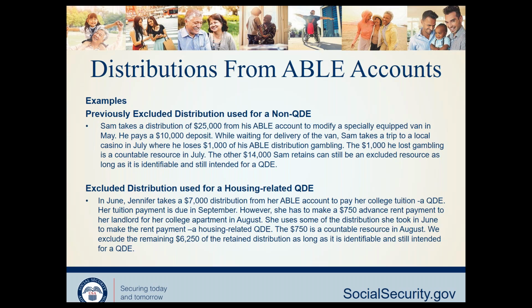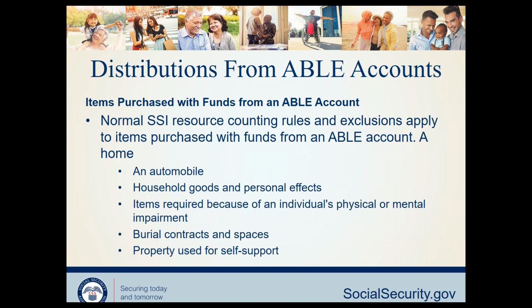So since in this case she took the money out in June, in August she decided to pay a housing-related expense with it, that $750 in this example would count as a resource in August. But the rest of it, as long as it's still identifiable for that college tuition expense, it would be excluded.